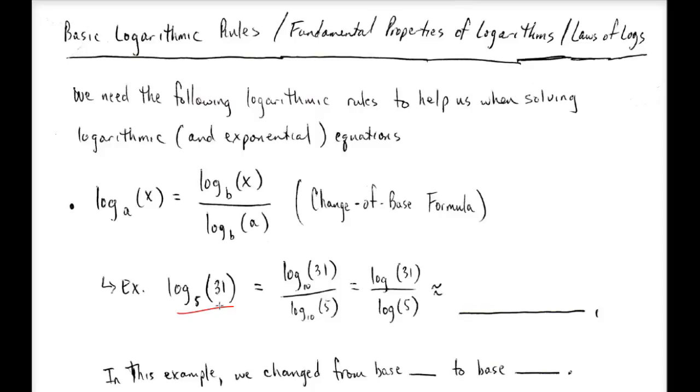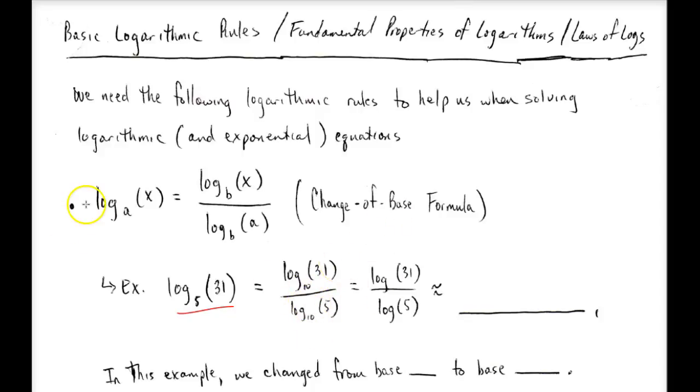In the event that you have a calculator that does not allow you to type in logarithms of base other than base 10 and base e, we use the change of base formula to convert from any one base to the other.